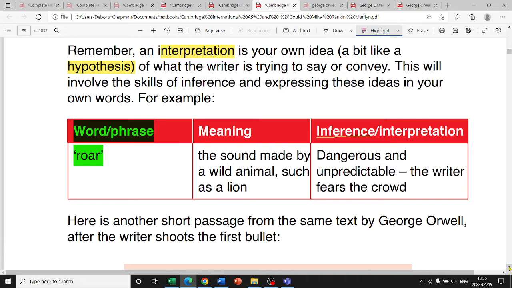Remember that the interpretation is your idea. It's like a hypothesis. In science, are any of you doing any of the blowy up subjects?